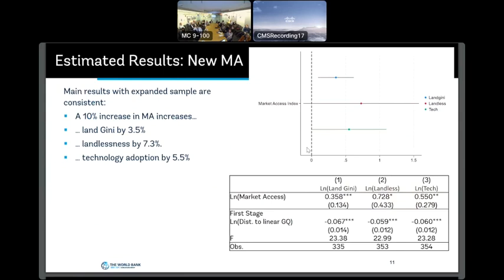We were able to increase our sample size in the land Gini regression from 200 to 335, and we find again a positive relationship between land Gini and market access. And these are the ones using the Golden Quadrilateral instrumental variable.